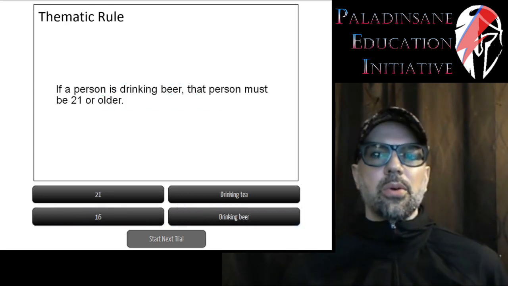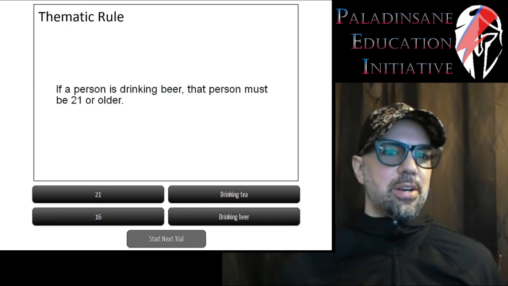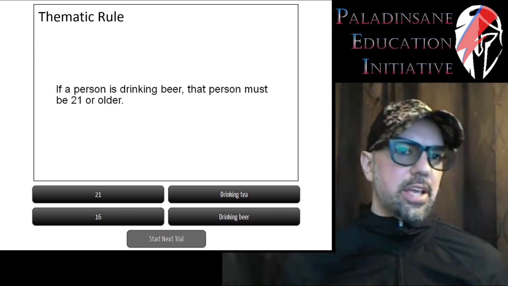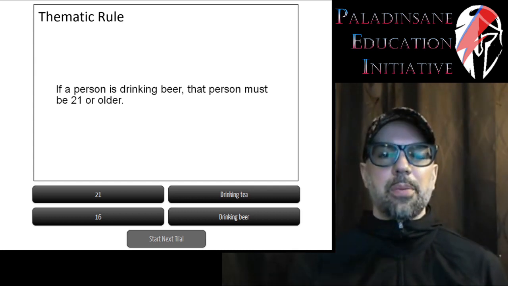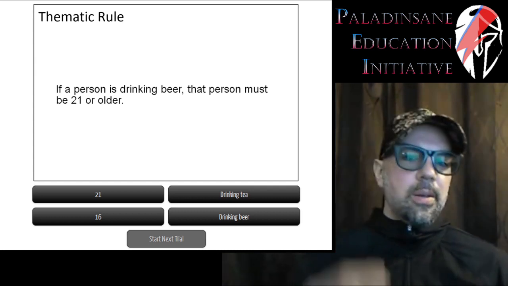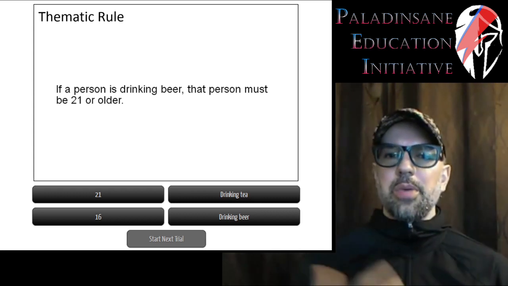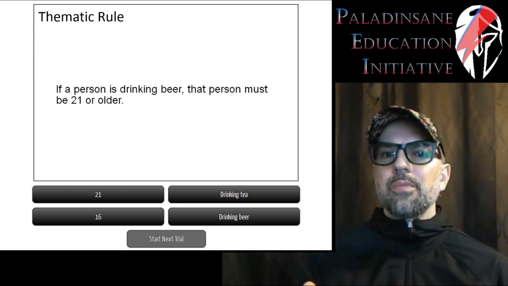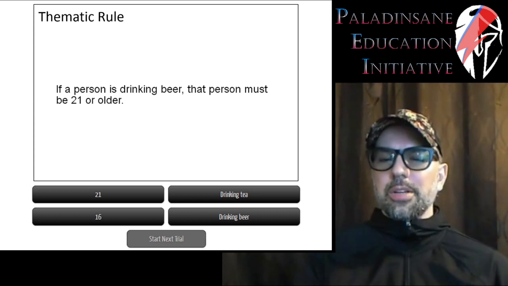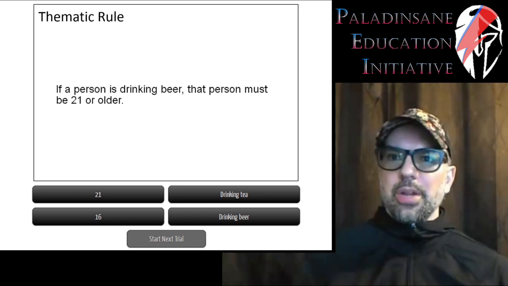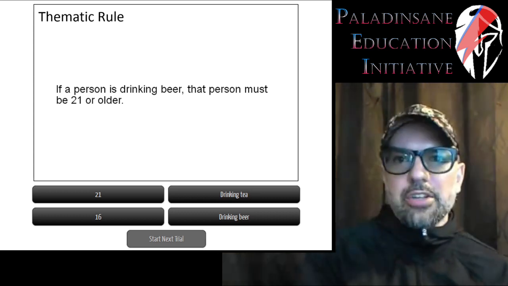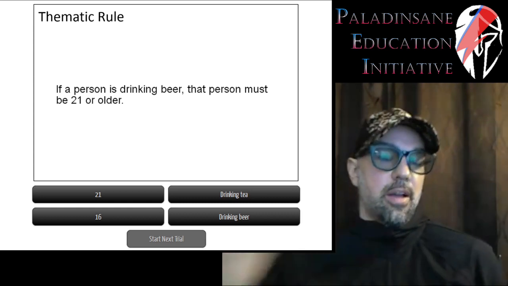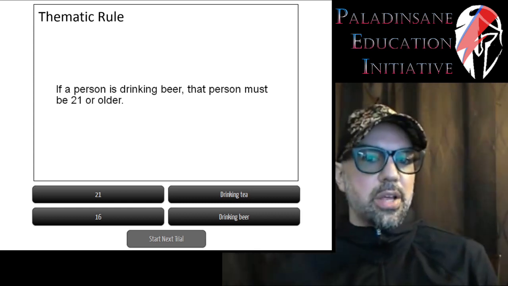And then on the thematic rules, you can see that it gets a little bit easier, because for this one in particular, if a person is drinking beer, that person must be 21 years or older. We just immediately know that the people we need to check at a party, in order to follow this rule, are the people that are drinking beer and the people that are underaged, right? So the people that are affirming the antecedent, they are drinking beer.